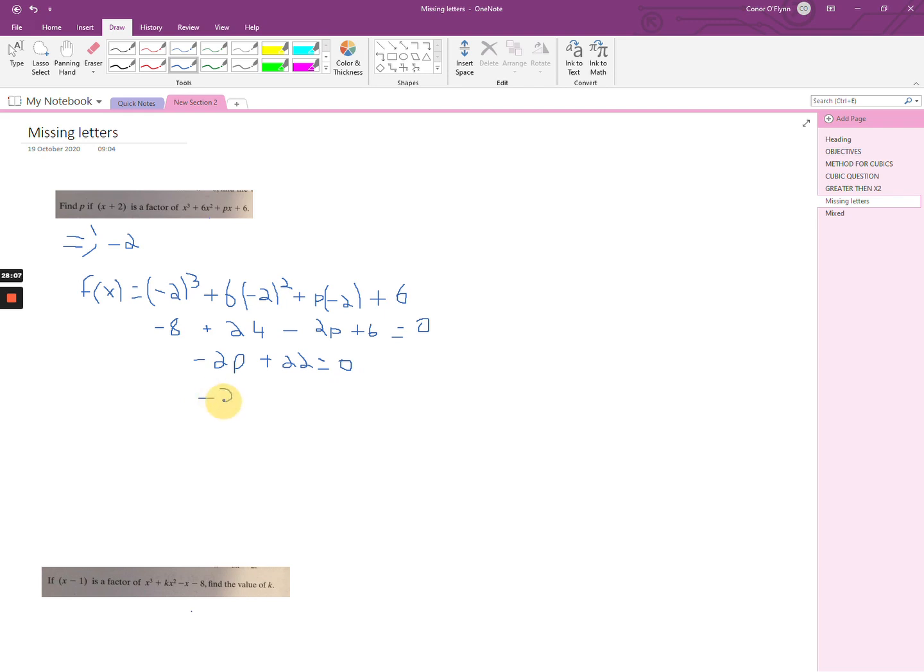So -2p equals -22. So therefore p has to be -22 divided by -2, which is 11. So you just solve it in, let it equal 0 and solve for it. Right, so we'll do another one here.